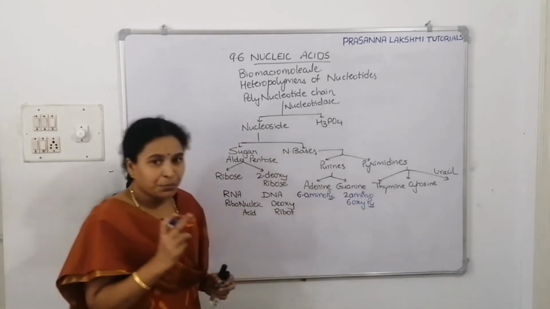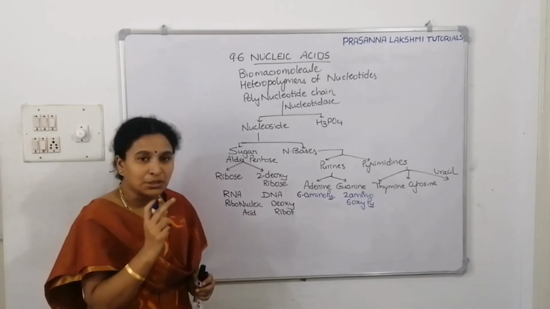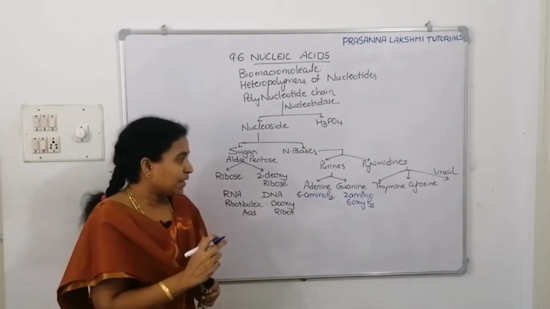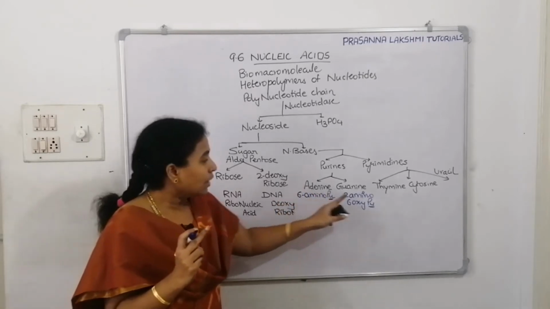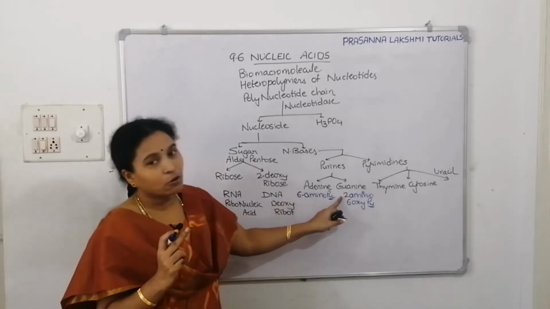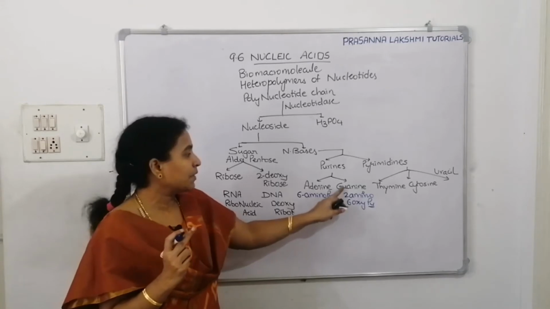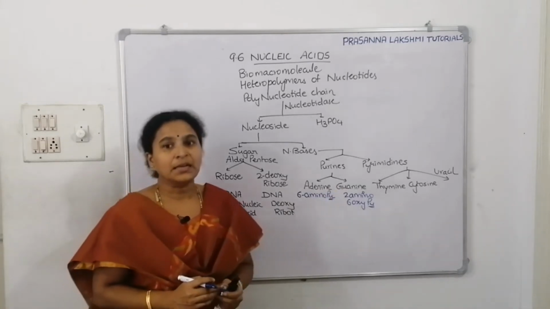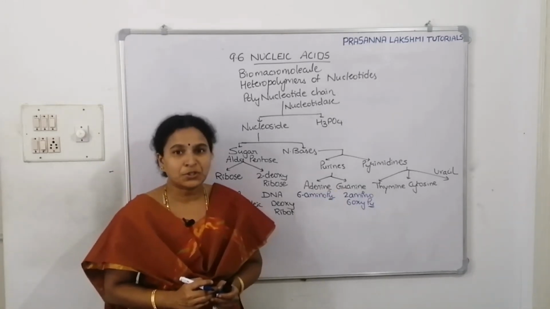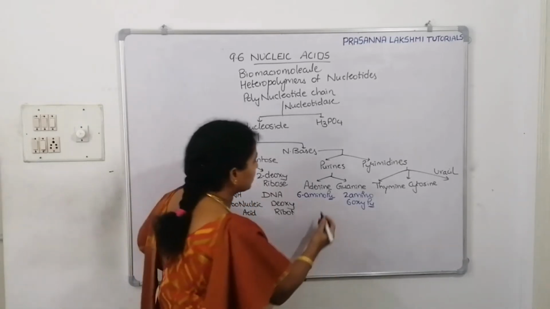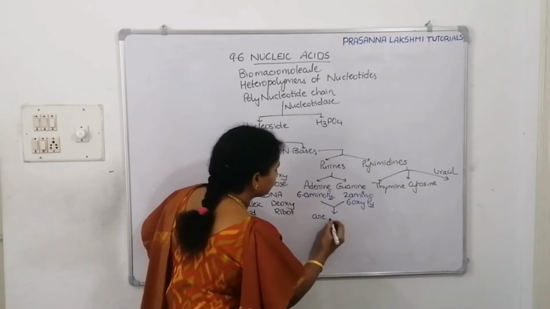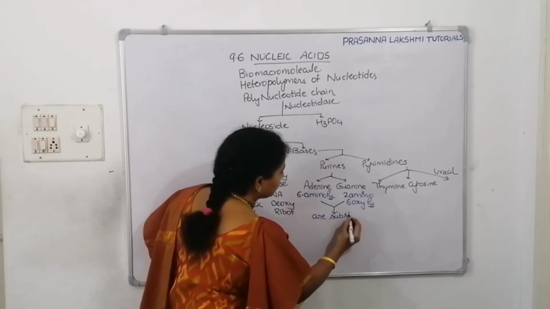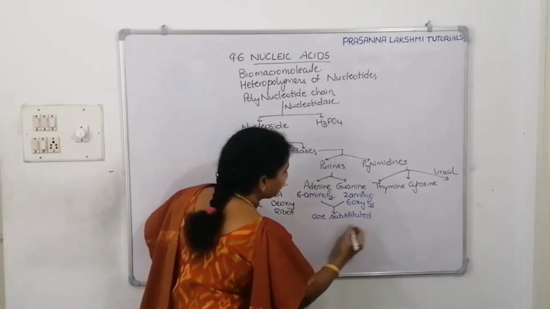Now, in a purine ring, if you substitute an amino group at the 6th place, then it becomes a nitrogen base called adenine. If you substitute an amino group at the 2nd place followed by an oxy group in the 6th place, then it becomes guanine. Means to tell that adenine and guanine are substituted purines.